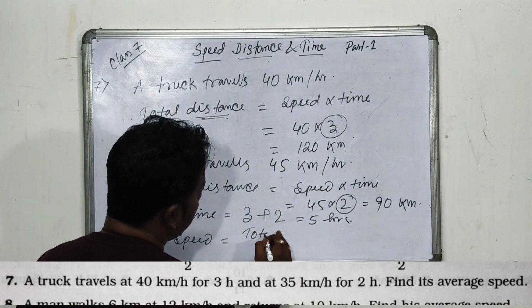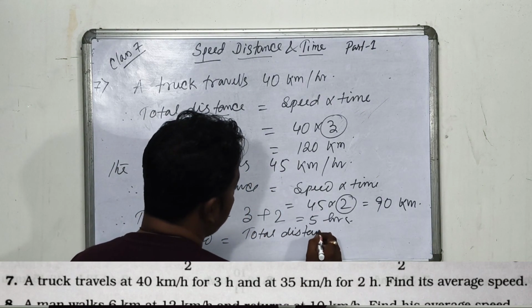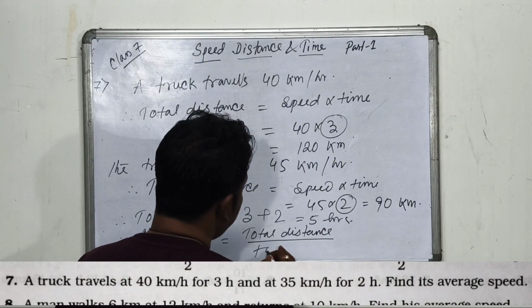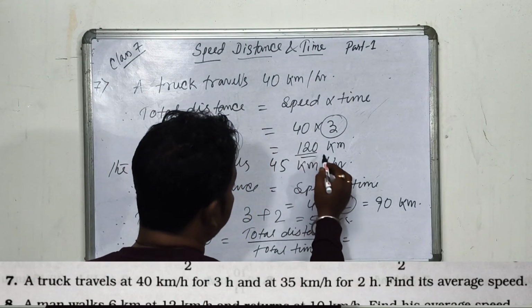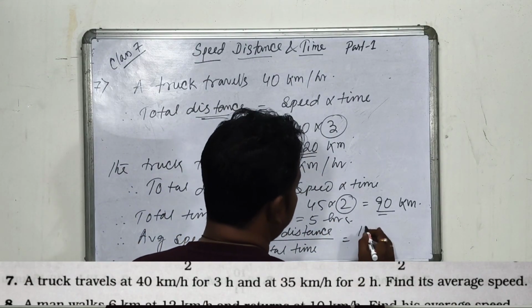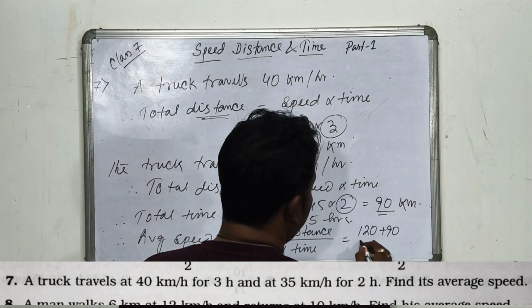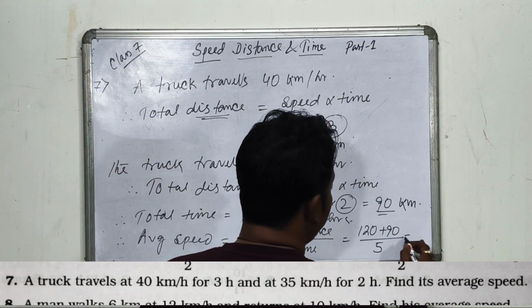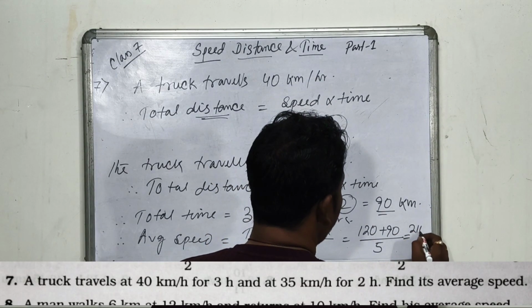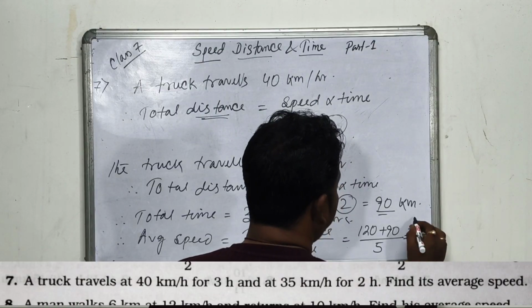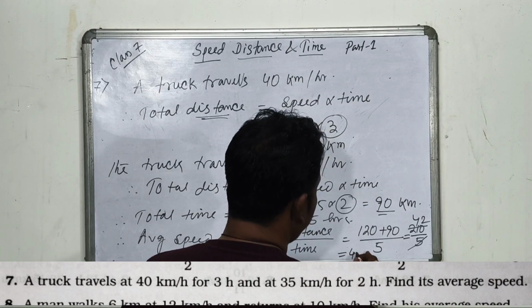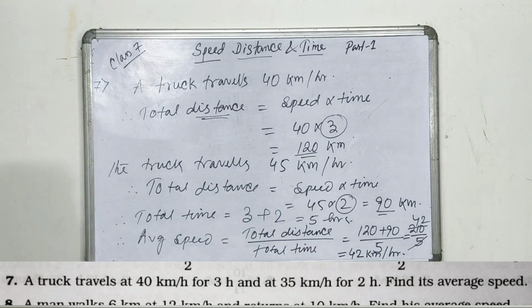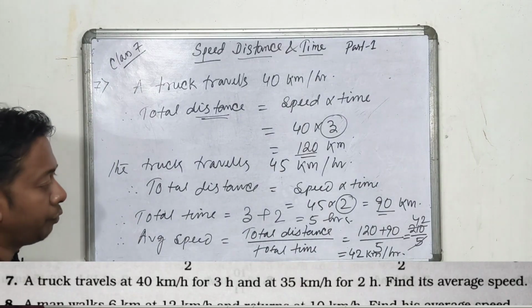So total distance is 120 plus 90, and total time is 5 hours. That should be 210 by 5. 5 fours are 20, 5 twos are 10, that is 42 kilometers per hour. The average speed of the truck is 42 km per hour.